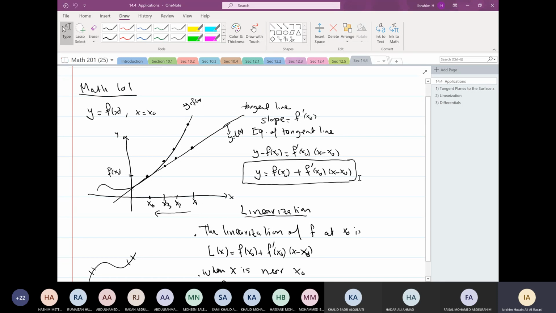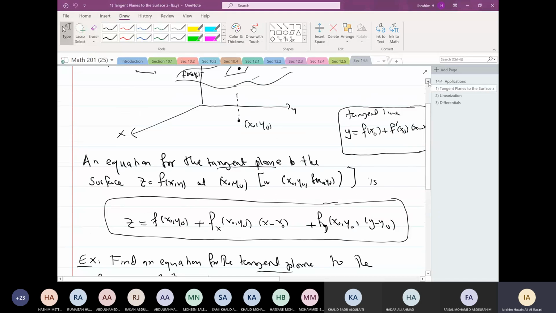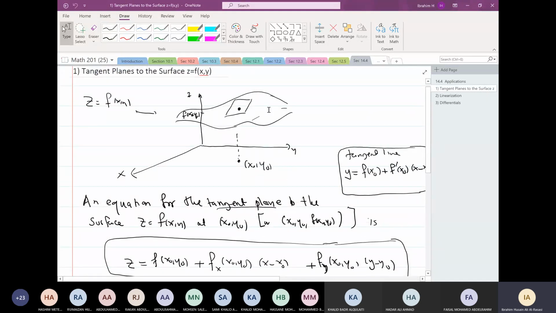And in Math 201, you have a generalization. Now we go to a surface and a tangent plane to a surface. So the main application in Math 201 is to find the equation of the tangent plane to a surface. This is a surface and this is the tangent plane at a point x0, y0. The equation is given as follows.